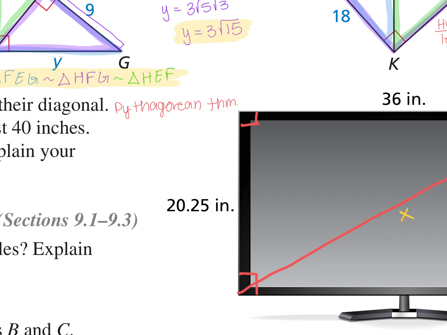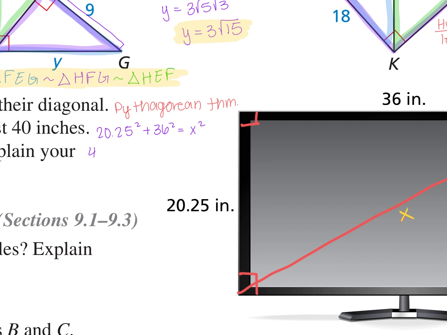That's what I'm using to solve for my x. So, plugging it in, I'm going to have 20.25 squared plus 36 squared equals x squared.